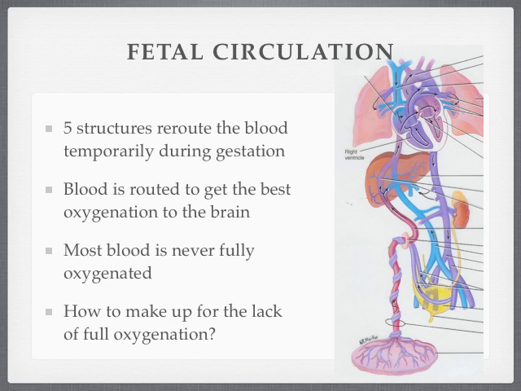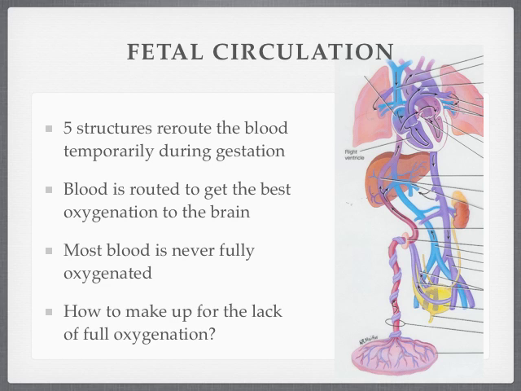Once the blood has passed through the ductus venosus and the liver, all of this great blood becomes degraded by dilutions. It's diluted in the liver, it's diluted in the inferior vena cava, it's diluted in the left atrium and the right atrium.